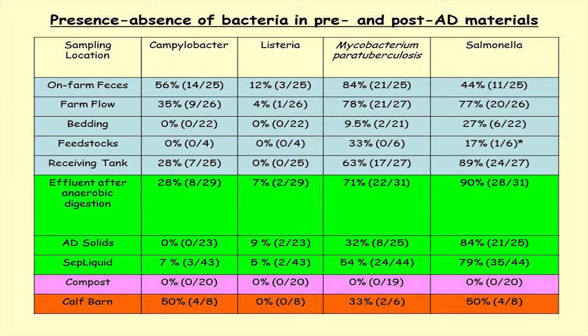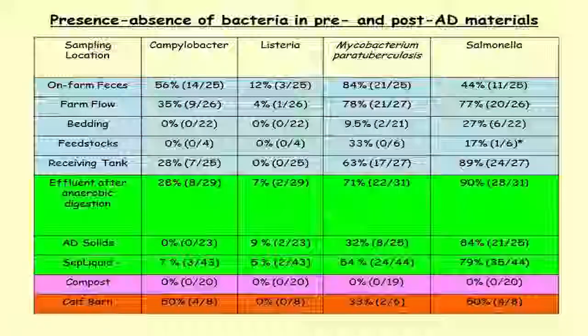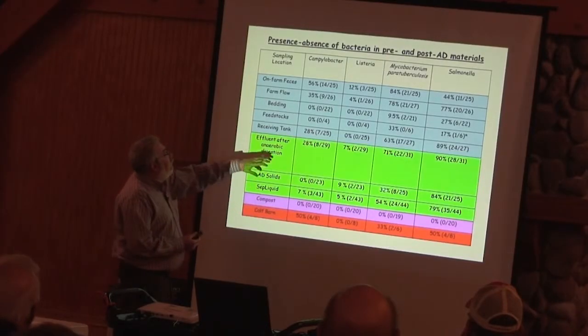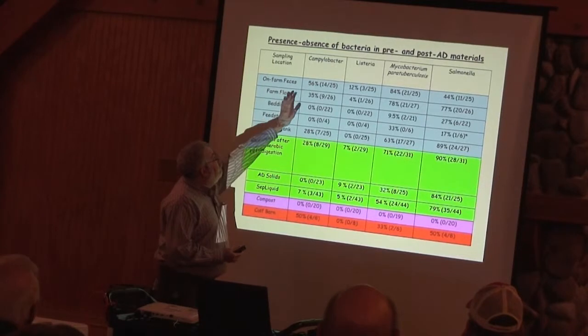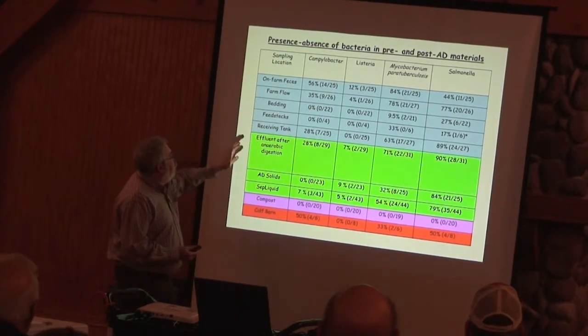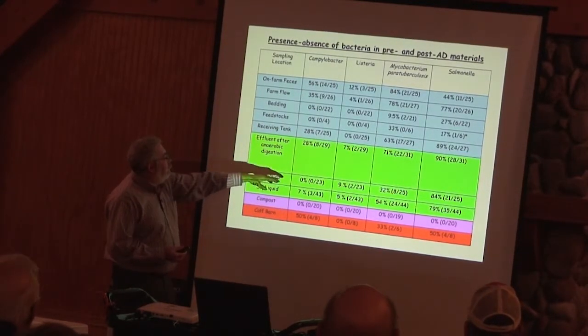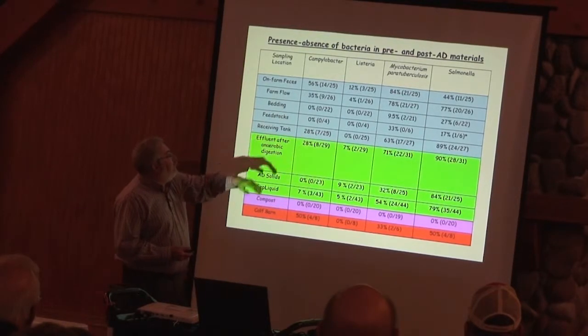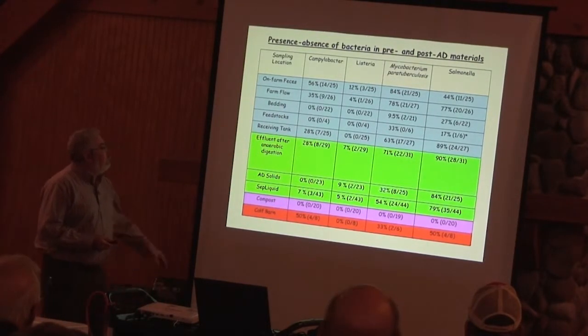Here's a great chart that shows where pathogens exist or don't exist with different pathogens. The take-home is that most of the time, this section here is the pre-AD, these are post-AD, and you can see the post-AD is much lower than a number of the places where you find things up here.